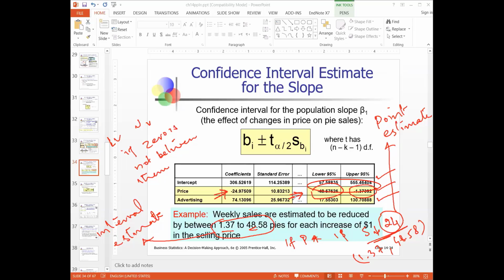You can just say that the answer is in between, at the point interval, but you can guess that it will be between these two items, so between 1.37 and 4.58.